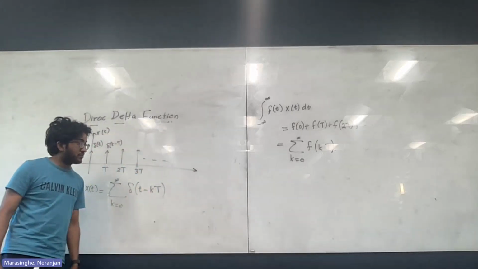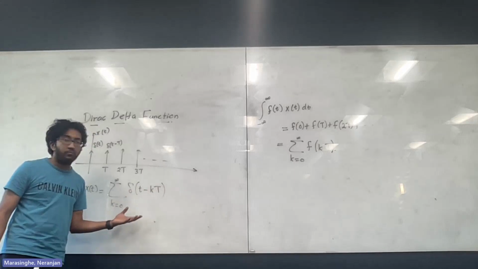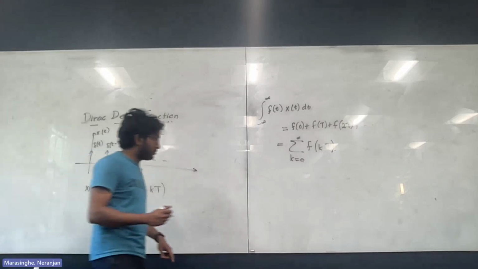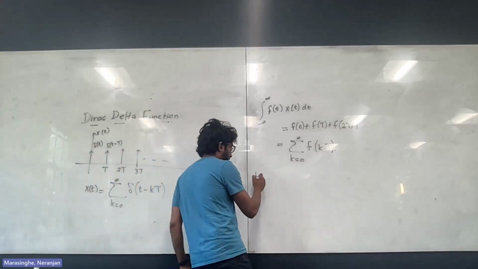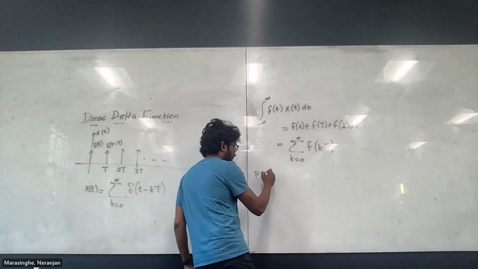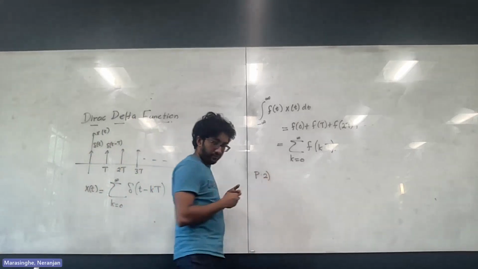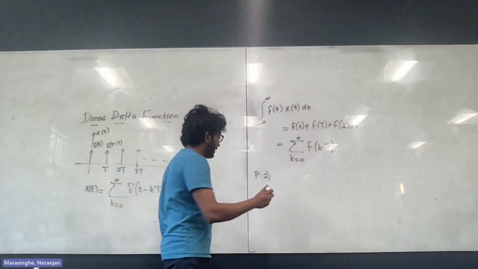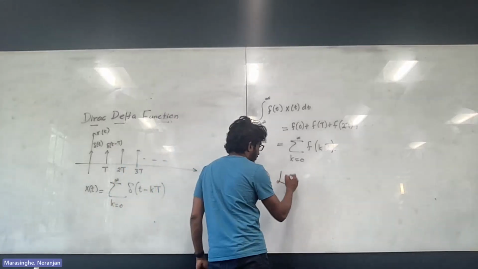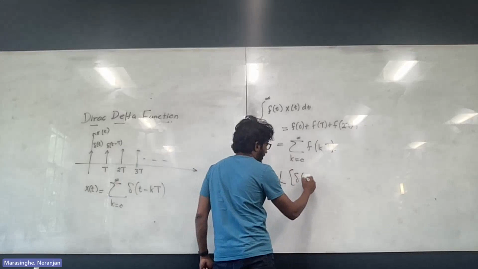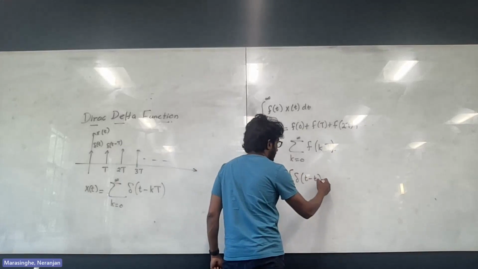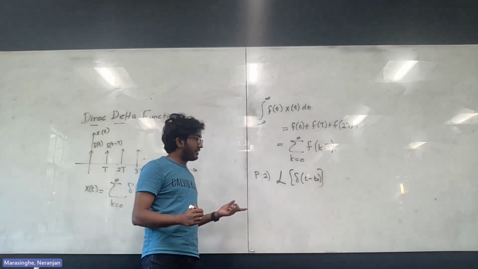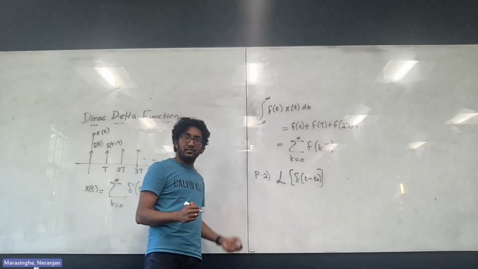So the previous property that I mentioned is very important. Then what was property number 2 that we discussed? That is the Laplace transform of delta t minus t naught. How did I find the Laplace transform of this function?